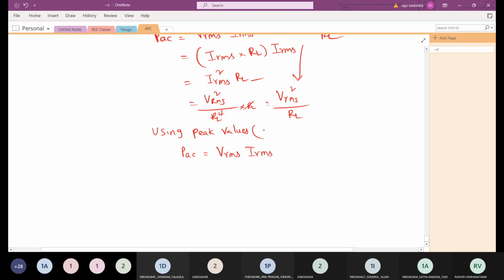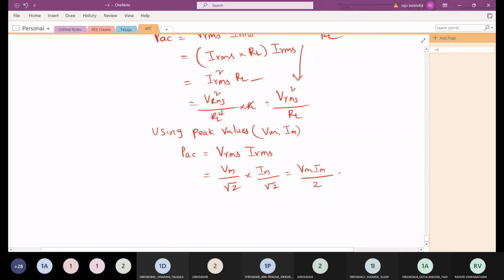Peak values are VM and IM. VRMS is nothing but VM by root 2. IRMS is nothing but IM by root 2. So finally we will get VM multiplied by IM by 2.